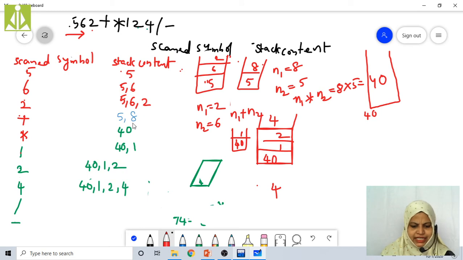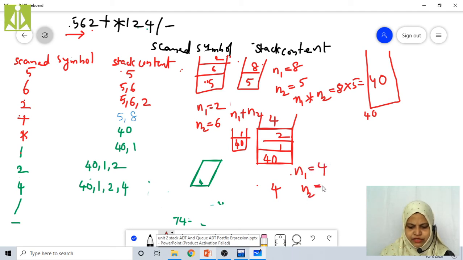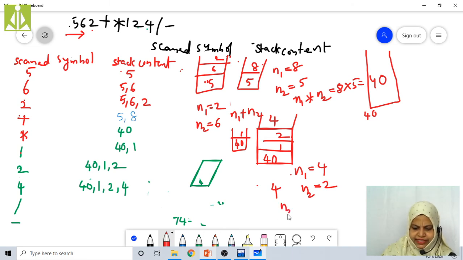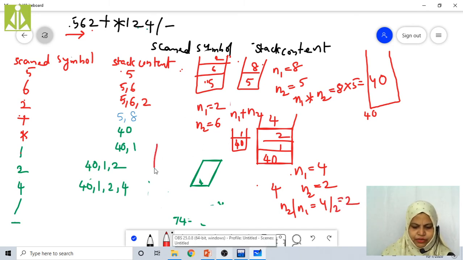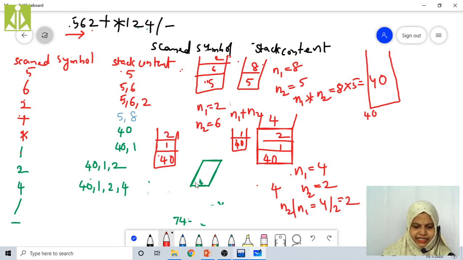Next is the divide symbol. Divide means n1 equals 4, n2 equals 2, then you have to perform n2 divided by n1, that is 4 divided by 2, that is 2. So you have to insert this 2 into the stack: 40, 1 and 2. Then is minus.